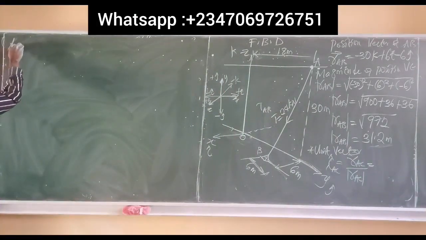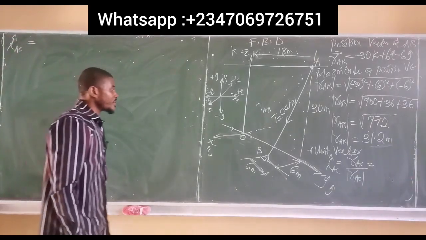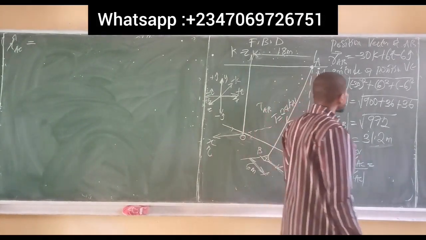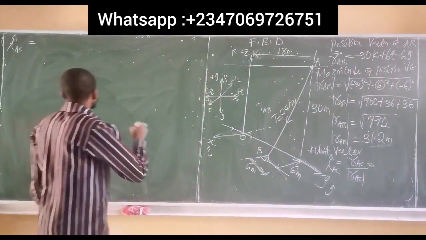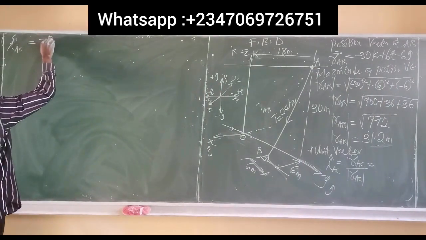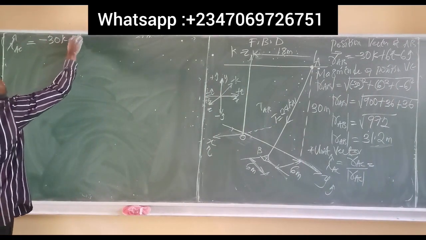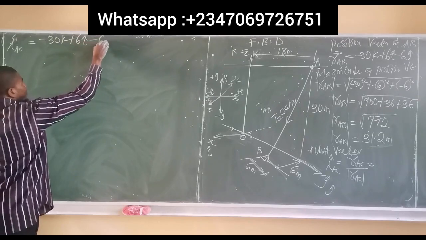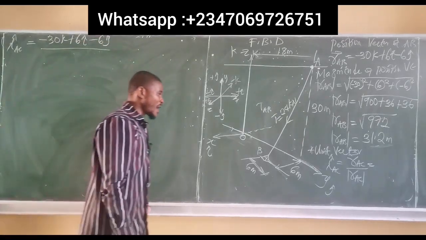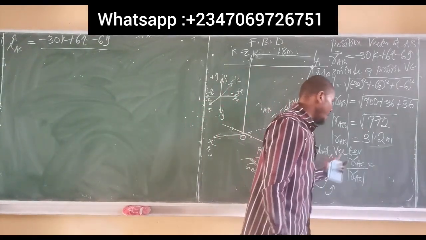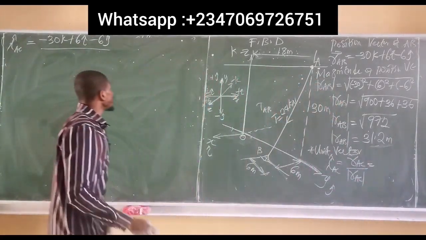So the unit vector in cable AC is now equal to the position vector in cable AC, which we obtained as minus 30k plus 6i minus 6j, all over the magnitude of the position vector, which gave us 31.2 meters.